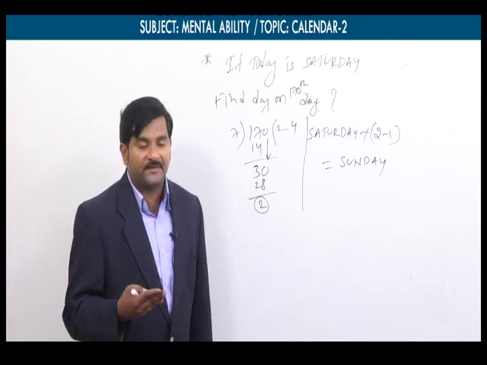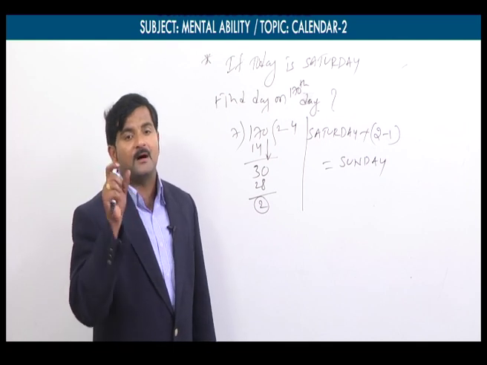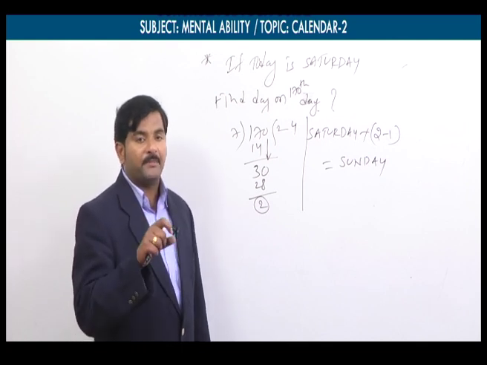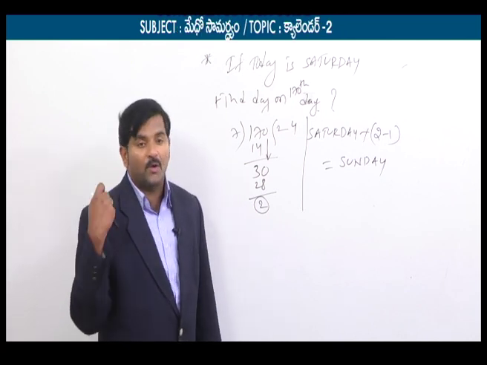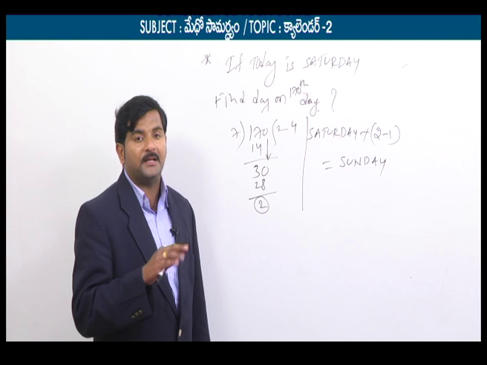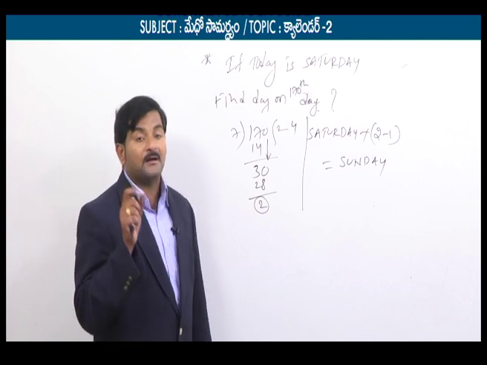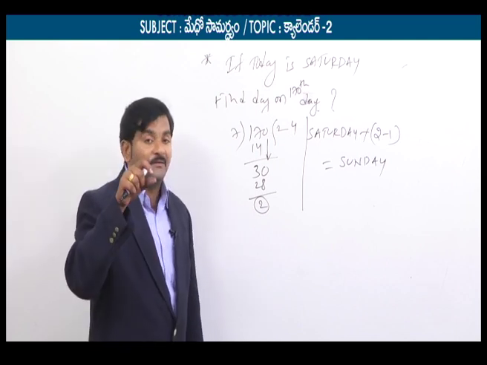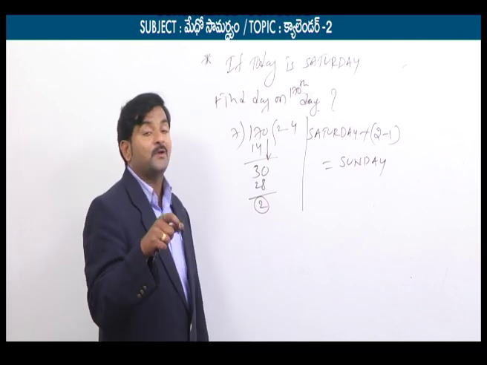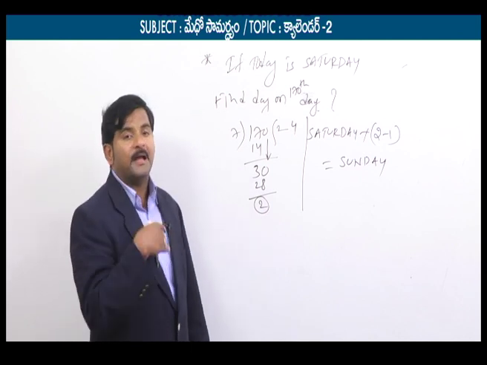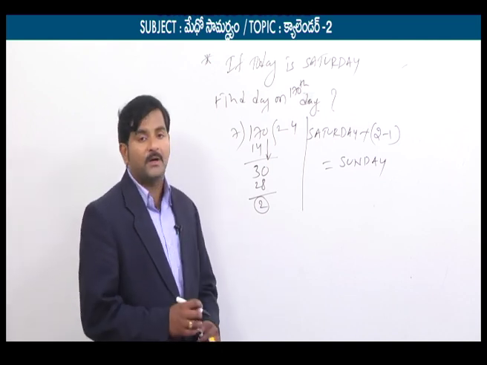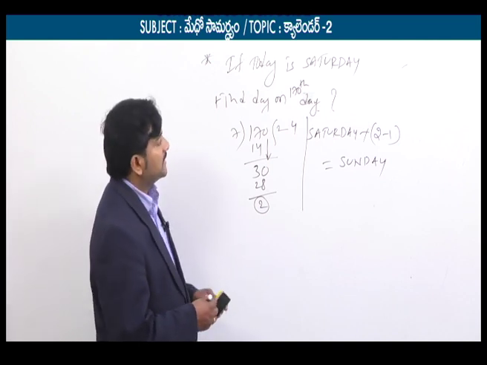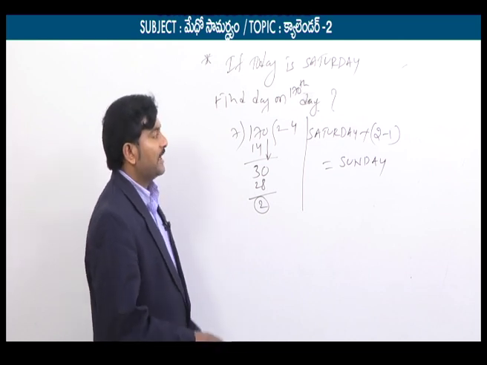After getting the number of extra days, if he mentioned after, we need to add the remainder directly, or if he mentioned ago, we need to subtract the remainder directly. If he mentioned on that day, since we need to find that particular day, we have to reduce the remainder by 1 day, and again add that extra day part. I hope you understood this part also. So this is also one kind of model in calendar.